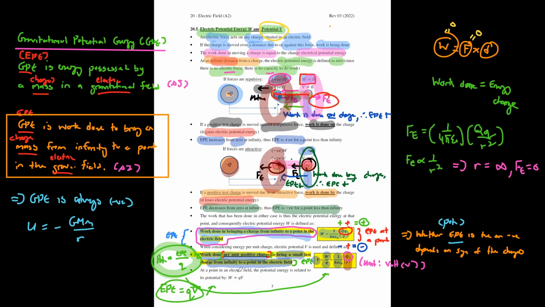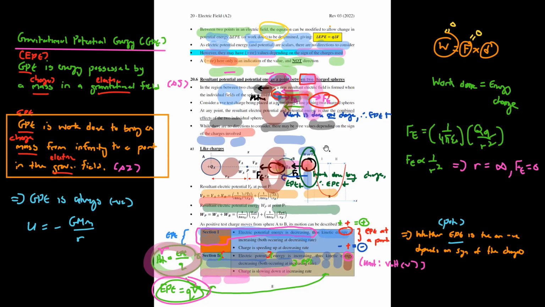At a point in an electric field, the potential energy is related to its potential by W equals QV. Because the original equation for electric potential is EPE divided by Q, right? So EPE is therefore Q times V. Don't forget the potential here is V, okay? So EPE is actually Q times V. This is another way in which you can find potential energy at a point, okay?